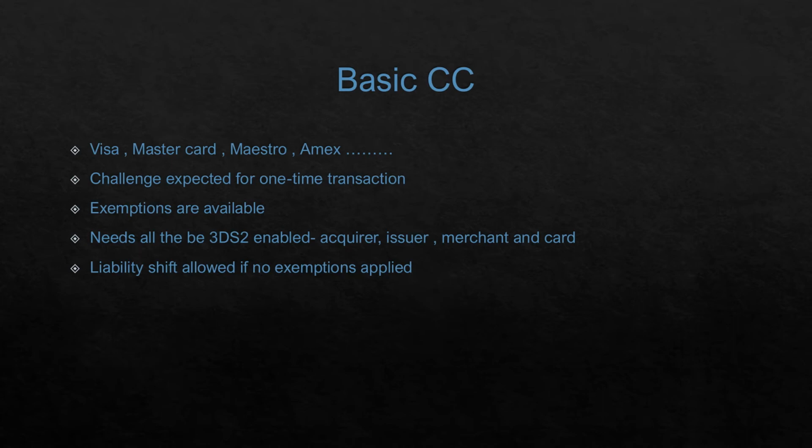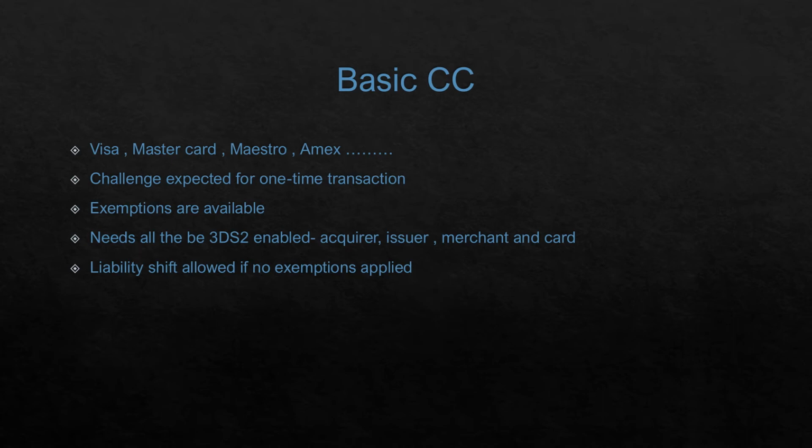So for all this, there are certain minimum requirements that each and every layer is 3DS2 enabled. The acquirer should be 3DS2 enabled, the card issuer should be 3DS2 enabled, the merchant where the transaction is happening should be 3DS2 enabled, and the card itself should be 3DS2 enabled.